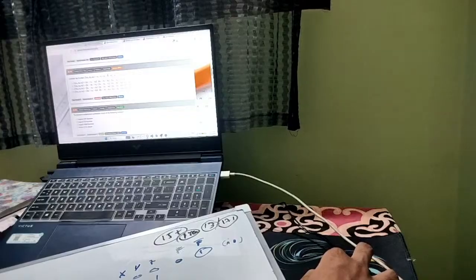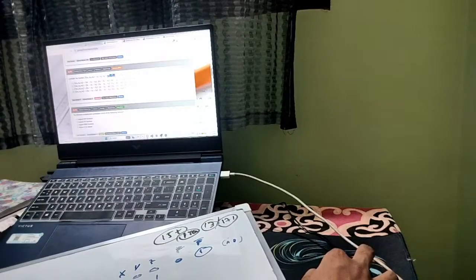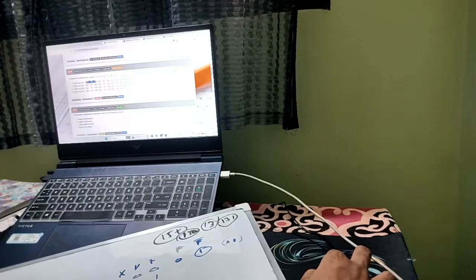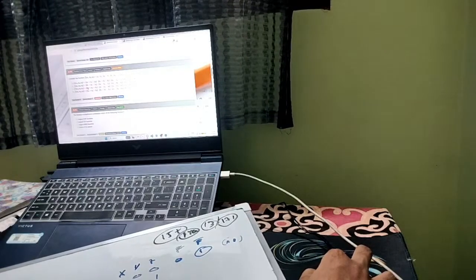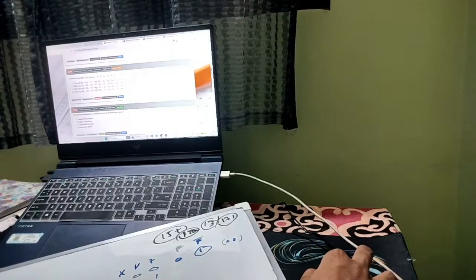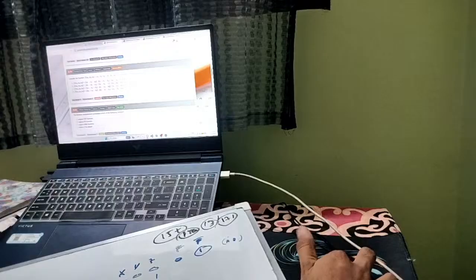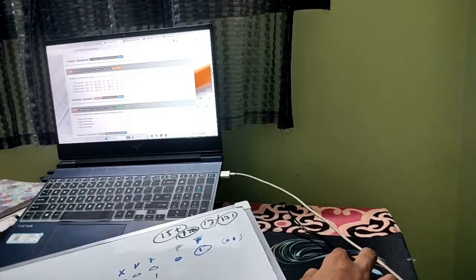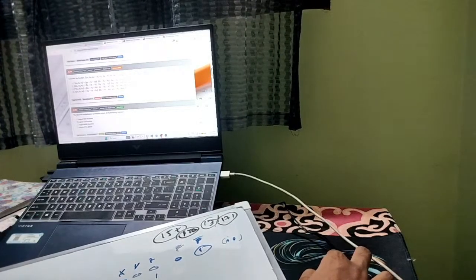Zero terms are there, but as in POS, it is a zero term. Why is it present? A zero term should not be present. So this term should not be present, this term should not be present, this term also should not be present. That's all, so option A, B should be false.